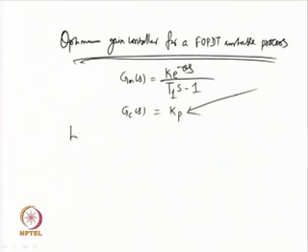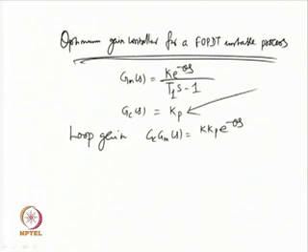Now, the loop gain is Gc Gm(s) equal to k Kp e to the power minus theta s upon T1 s minus 1.